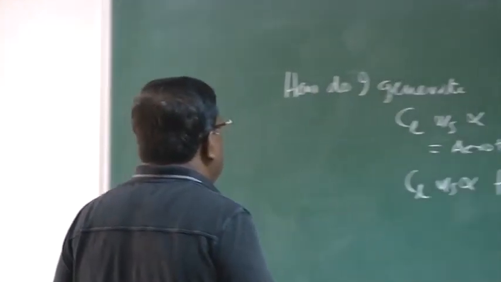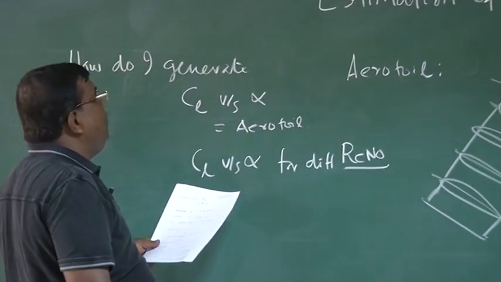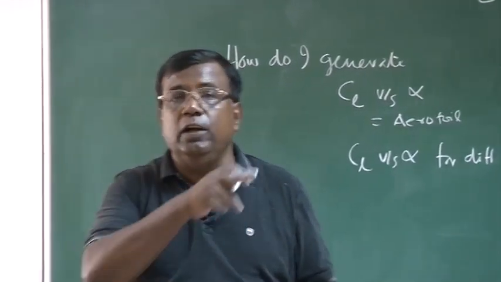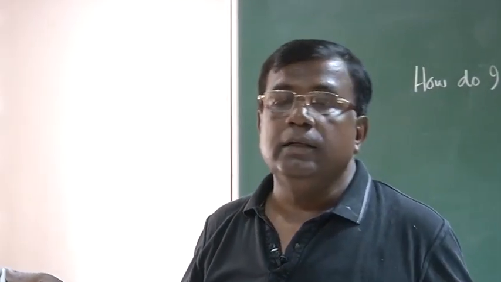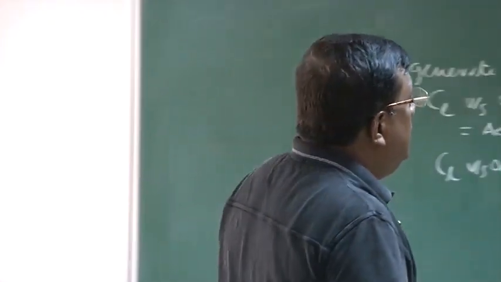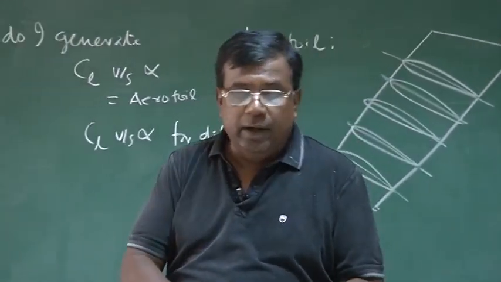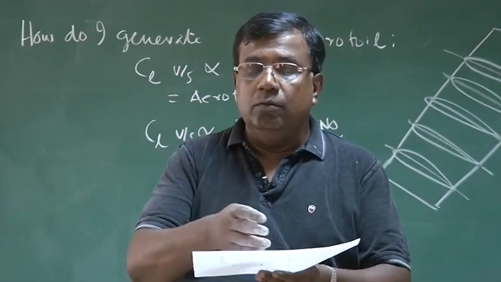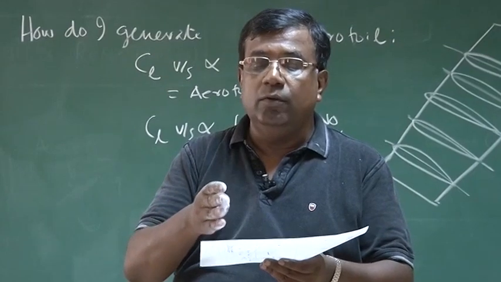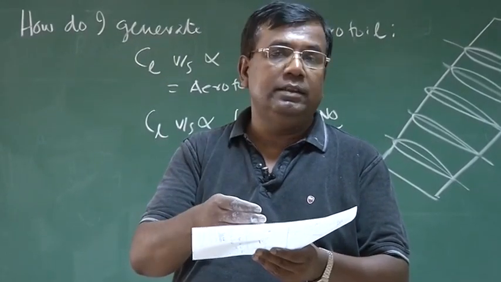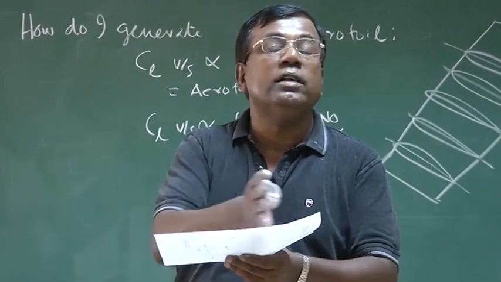So if you now ask me the second question, how do I generate it experimentally? Because aerofoil shapes are infinite span, as I tried to explain. But remember, why do we say infinite span? We say infinite span because we do not want any flow to go like this or any flow to come like this. That's why we model it as infinite.